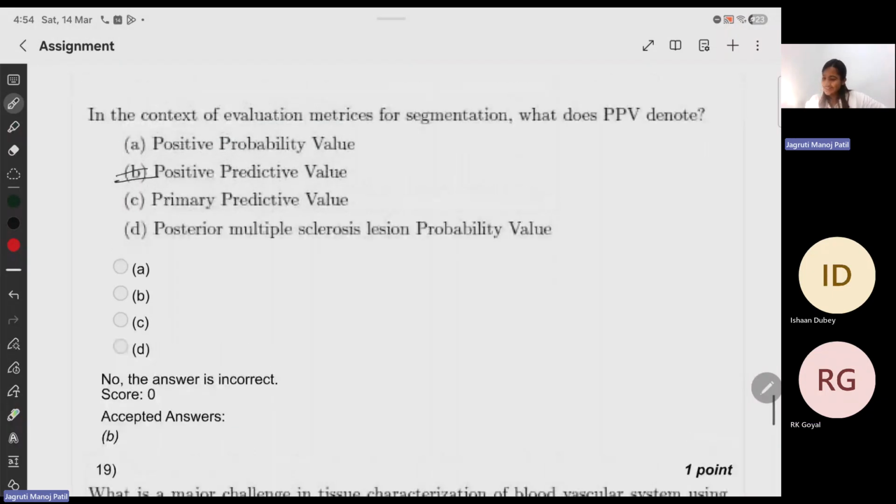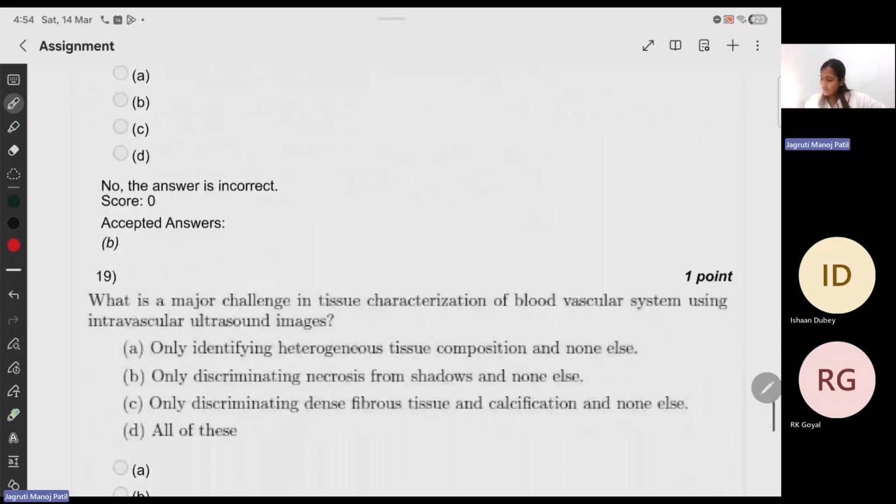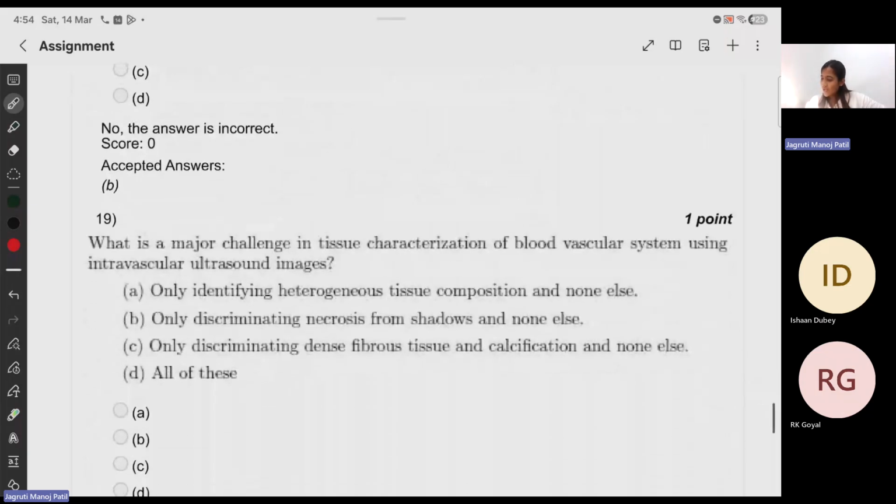Oh yeah, yes. Okay. What is a major challenge in tissue characterization of the blood vascular system using IVUS ultrasound images? It will only identify heterogeneous tissue composition, none else; discriminate necrosis from shadow, none else; discriminate dense fibrous tissue classification, and none else. So which one is the major challenge in IVUS?